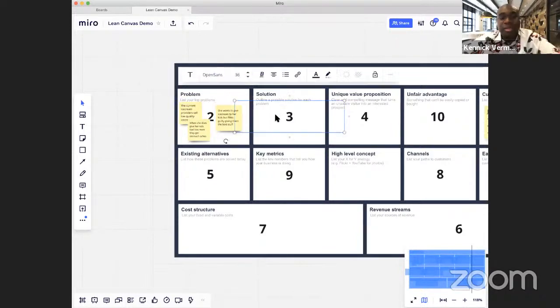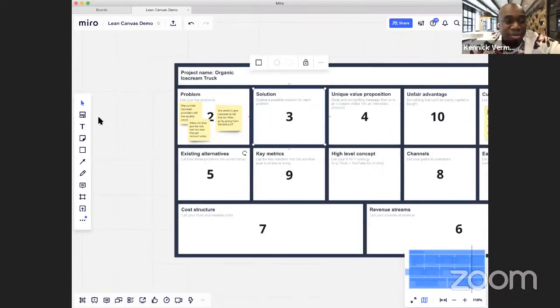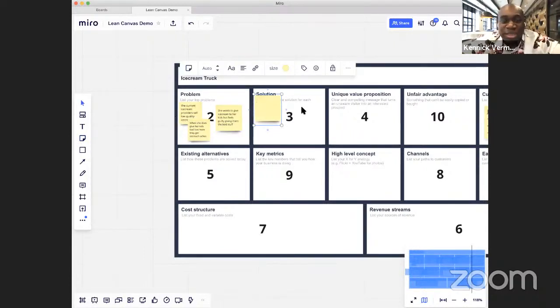And here are some of the possible solutions that she could do. One solution could be she doesn't give her kids ice cream at all. And that would address the problem of giving her kids a bad stomach ache. Jenna never buys ice cream ever again.